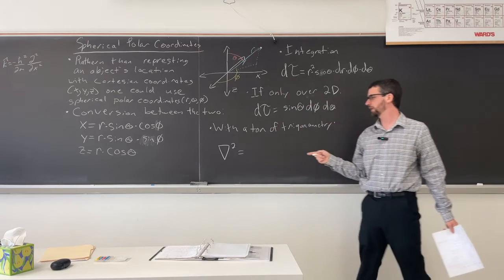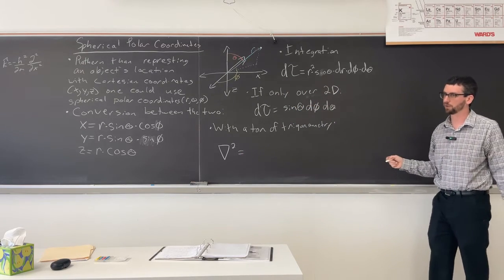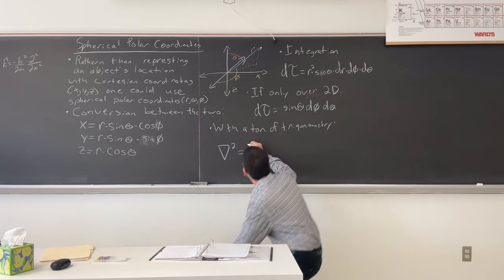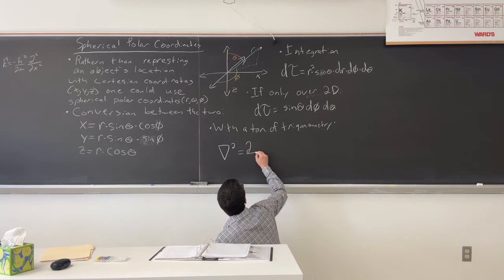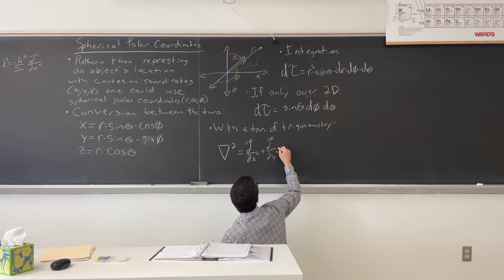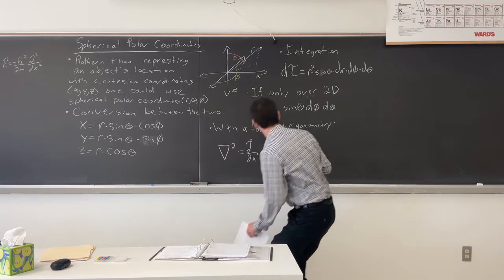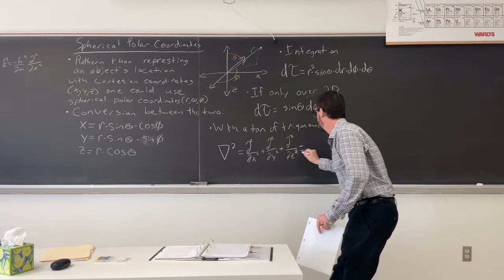How would the gradient be defined in terms of Cartesian coordinates? We'd have partial with respect to what? X plus partial with respect to what? Yep. Finally. Yeah. See? Oops. Messy.